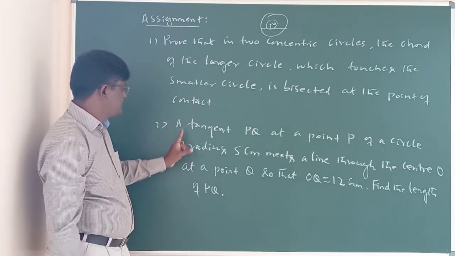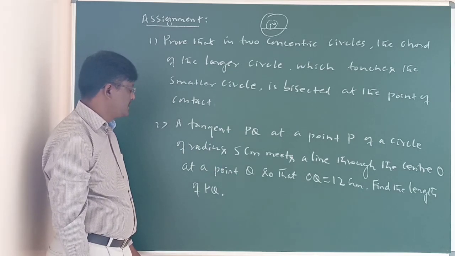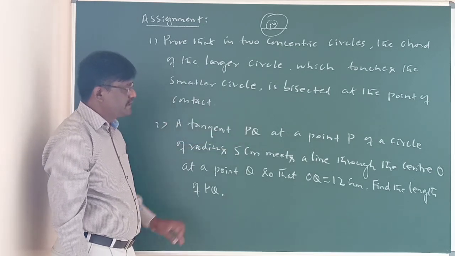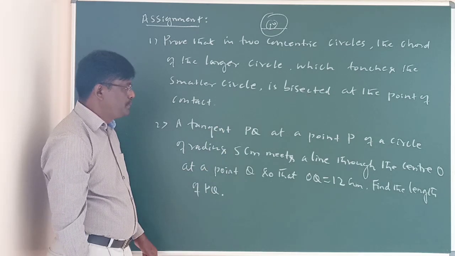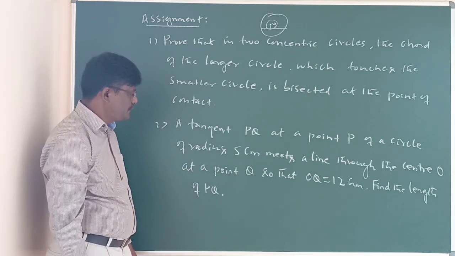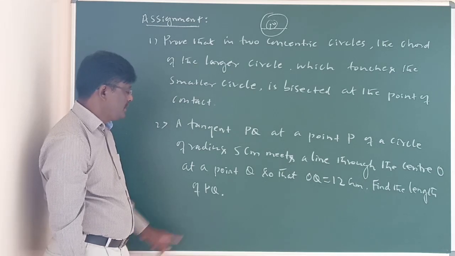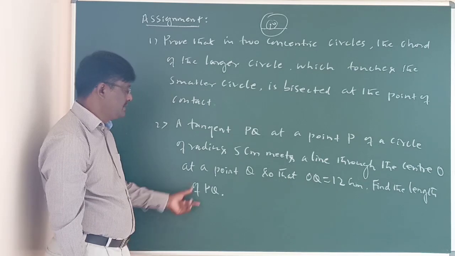Try. Next, a tangent PQ at a point P of a circle of radius 5 cm meets a line through the center O at a point Q, so that OQ equals 12. Find the length of PQ.